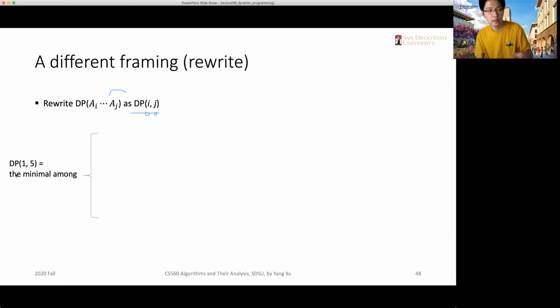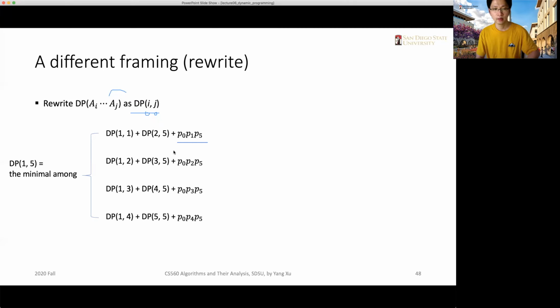So the dp from 1 to 5 is the minimum among dp11 plus dp25 plus the additional cost of multiplying the two resulting matrices together, which is P0 times P1 times P5. This is actually the same thing, rewritten with a simplified notation.